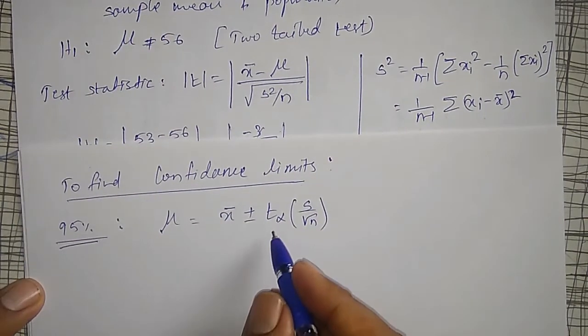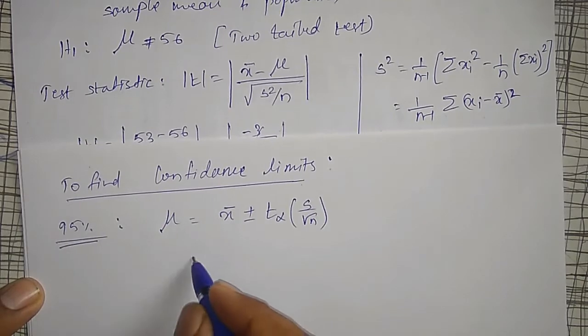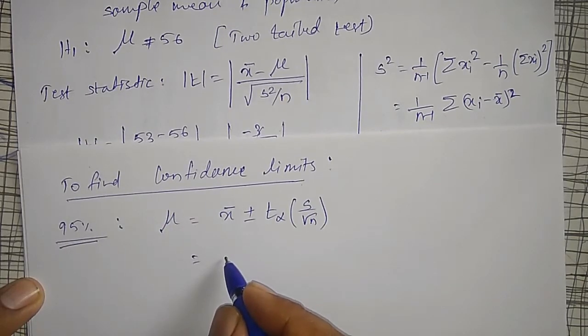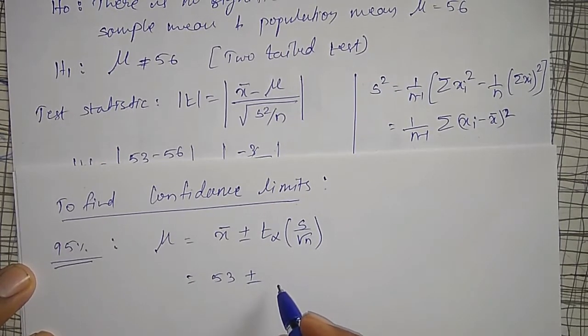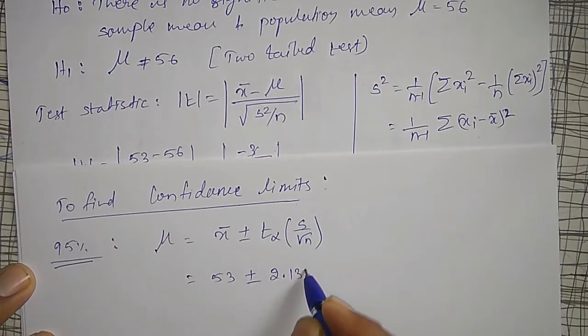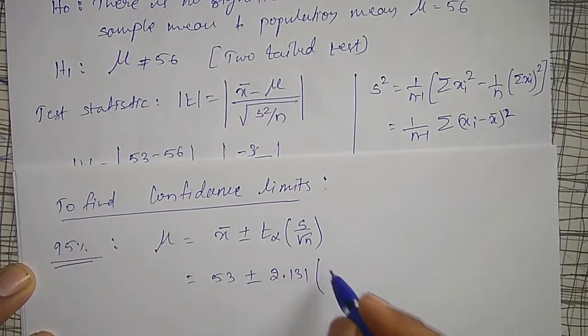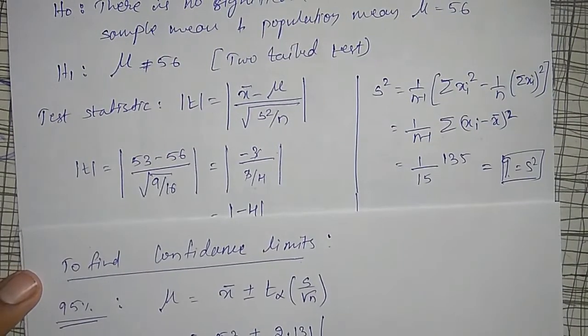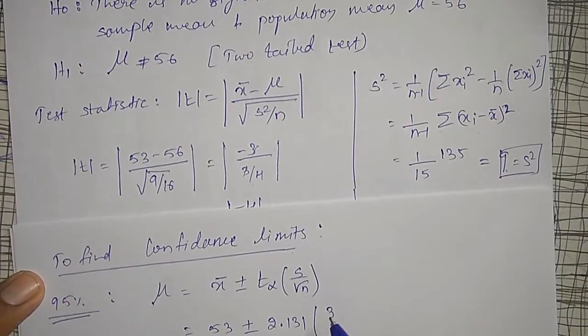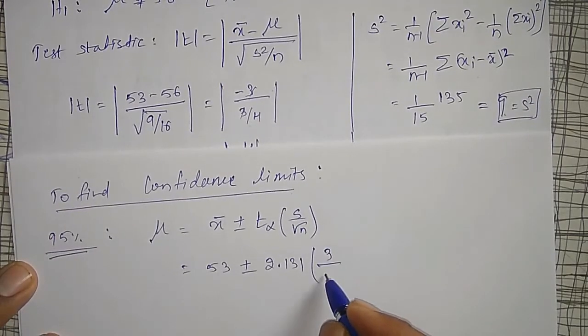Therefore, x bar value is 53 plus or minus t alpha value for 95%, which I have just calculated, it is 2.131, into s, I have calculated s square, or s is equal to 3, divided by square root of 16.